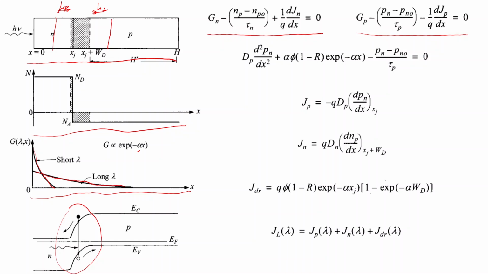These currents, Jn and Jp, we know are diffusion currents of minority charge carriers. That's why we don't deal with drift. This is our generation profile, Gp, and this is our recombination.